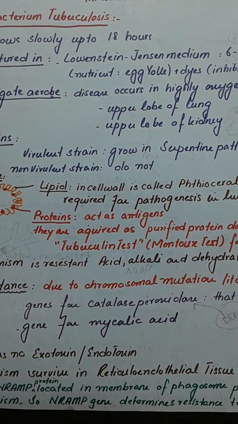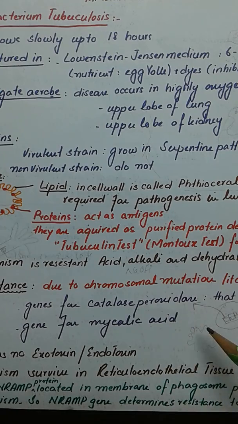Another is the gene mutation for mycolic acid, which is present on the cell membrane and provides its specific staining, which we have studied previously.